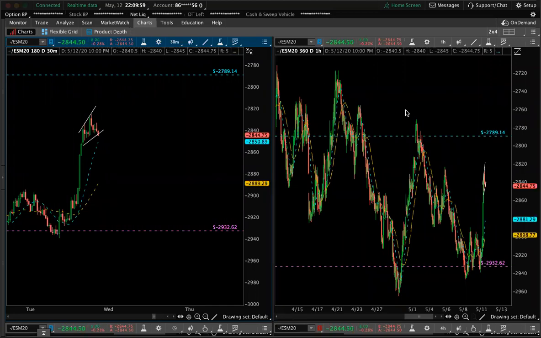You start with your simple moving averages. You backtest them on big time frames, see how they act on shorter time frames. Certain charts don't work. No EMAs. Like I said, I don't use exponentials. I use simple moving averages.